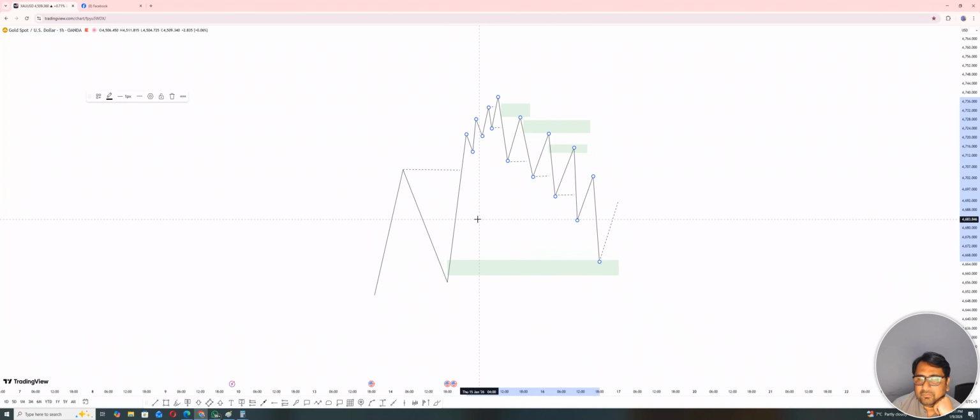For example, if you have an H1 time frame structure shift, then you do not need to see the M15, M5, M1 breakout structure. Just focus on H1. Okay, so I am repeating again. If you have an H1 breakout structure, no need to see the smaller time frame breakout structure.